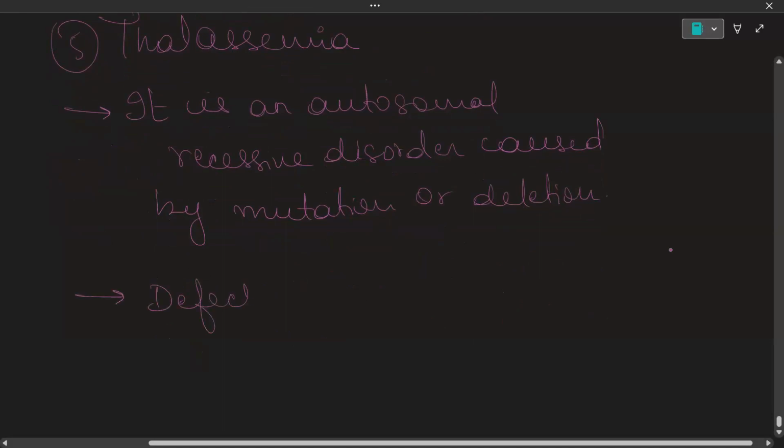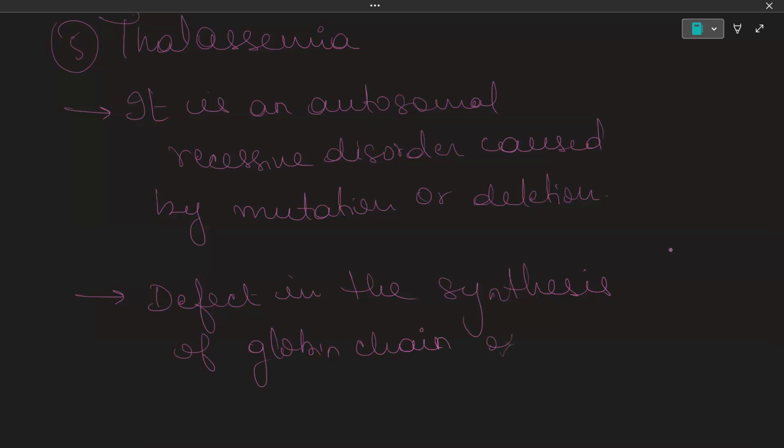Defect in the synthesis of globin chain in RBC takes place. So that is what happened actually.